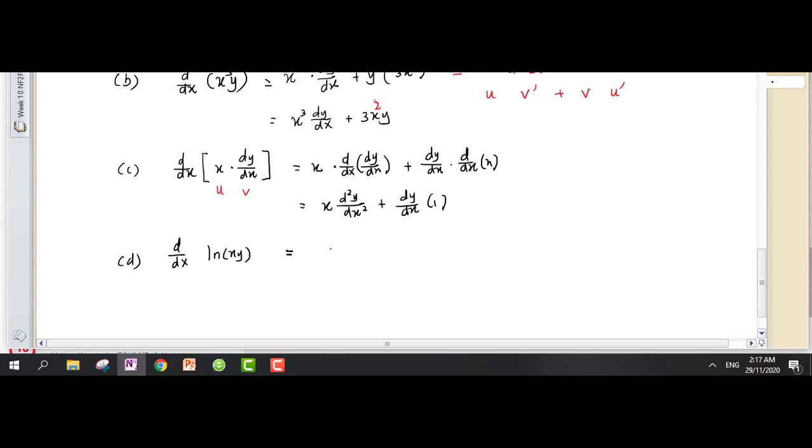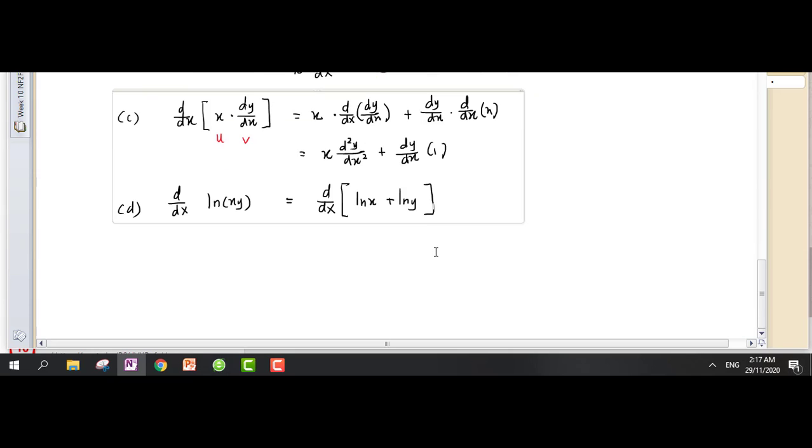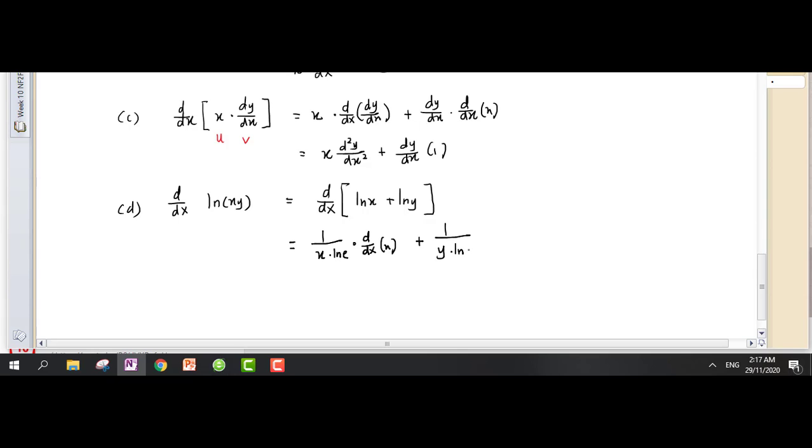Okay, for me, I will simplify first. Let us differentiate ln x plus ln y, simplifying it by using the law of logarithms. As you know, differentiating ln x gives 1 over x ln e times the derivative of x, plus, for differentiating ln y with respect to x, 1 over y ln e times the derivative of y.